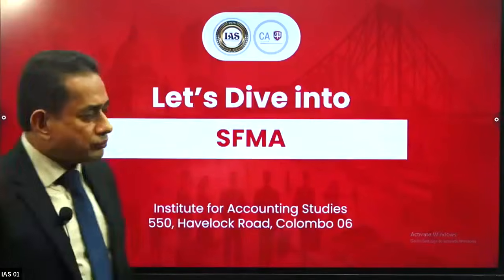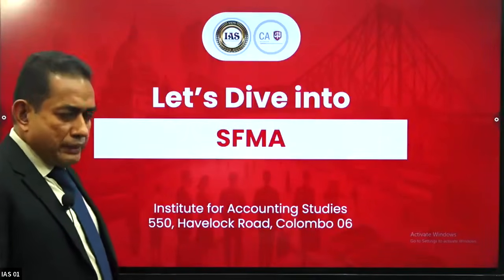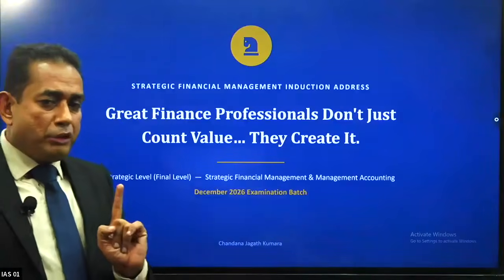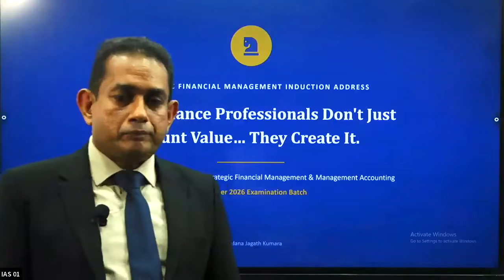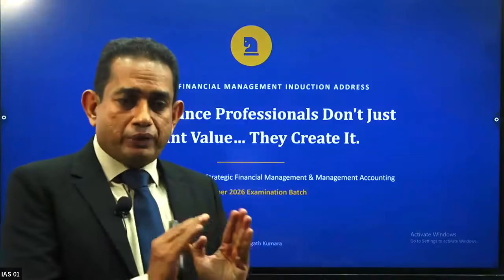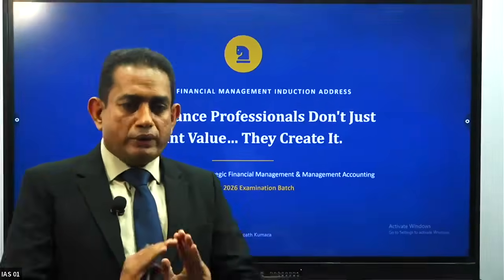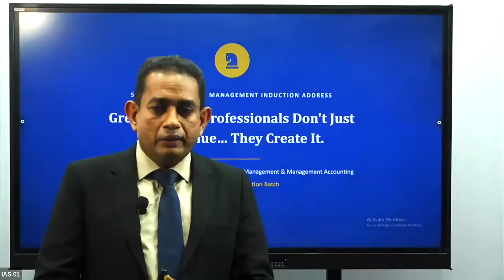Now, if you come to the syllabus, 65% of your syllabus will be from finance management. In the previous syllabus, we had treasury functions that were part of risk management also, but that part is no longer available.